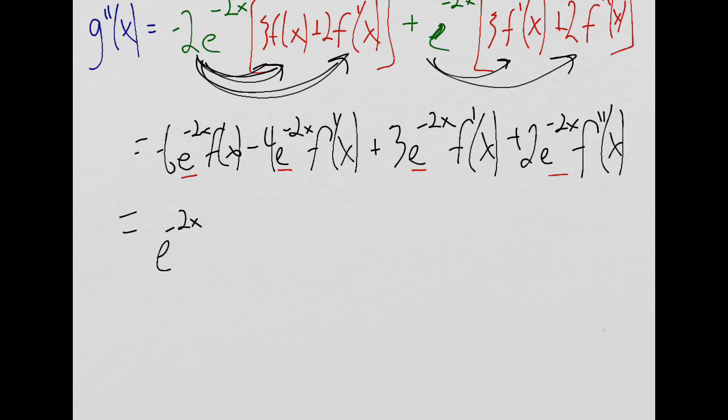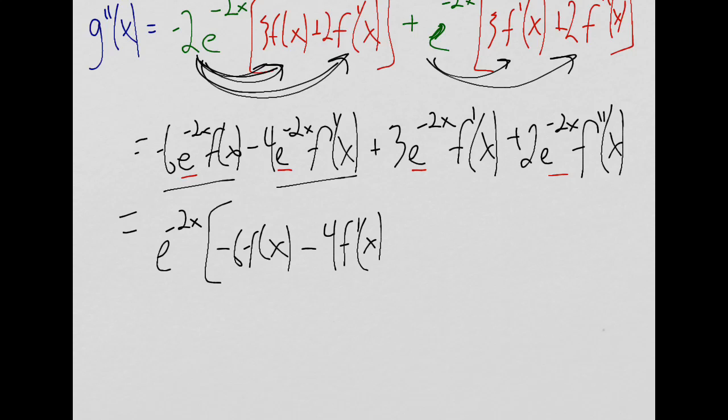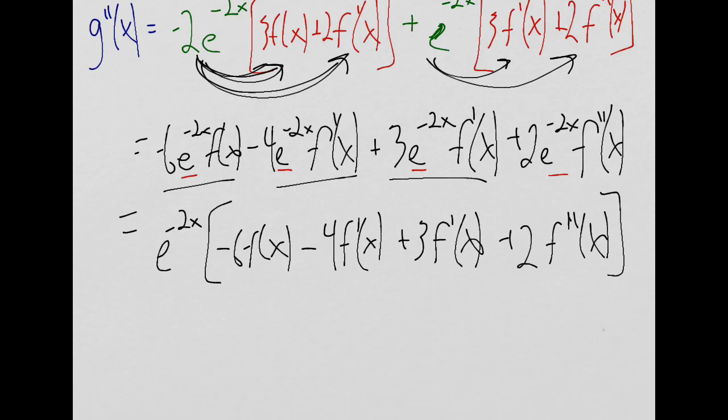open bracket, minus 6f of x, that's this term, minus 4f prime of x, that's this term, plus 3f prime of x, this term, plus 2f double prime of x, which simplifies to, all I have to do is combine these two, and then I have that answer that I'm looking for up top.